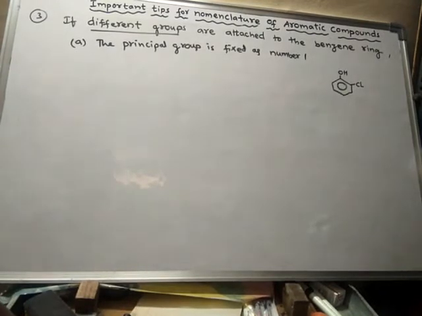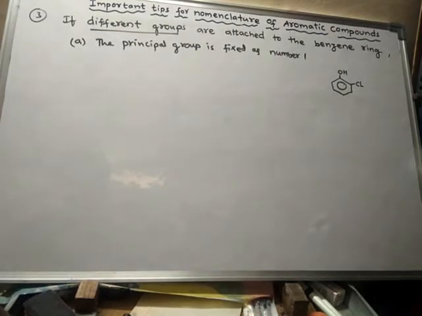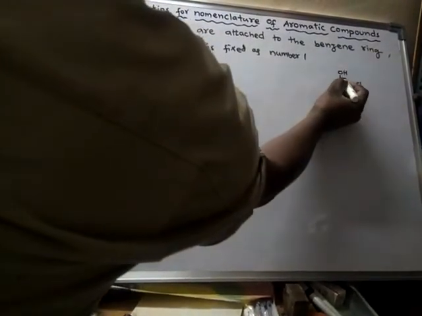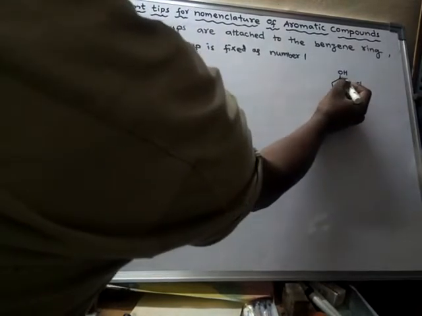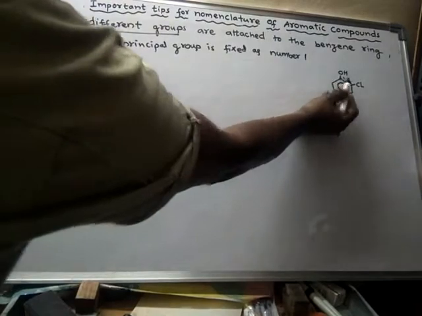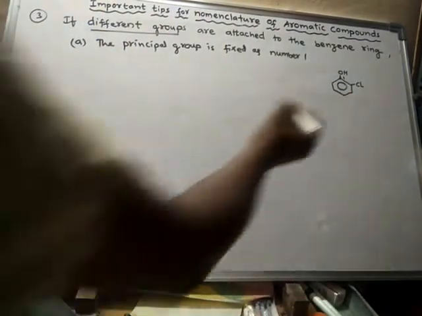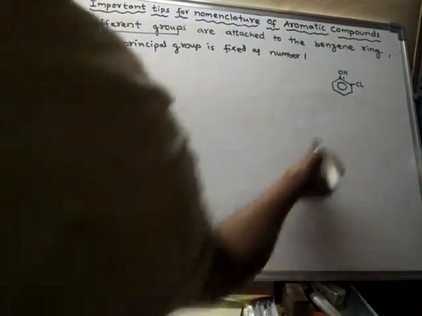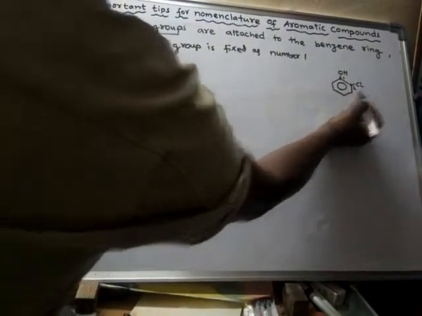Wherever it is present, it acts only as a substituent. Remember. As OH is the principal functional group, the carbon to which it is attached will get number 1, and the substituent should get the next least numbering. So the next least numbering is 2.